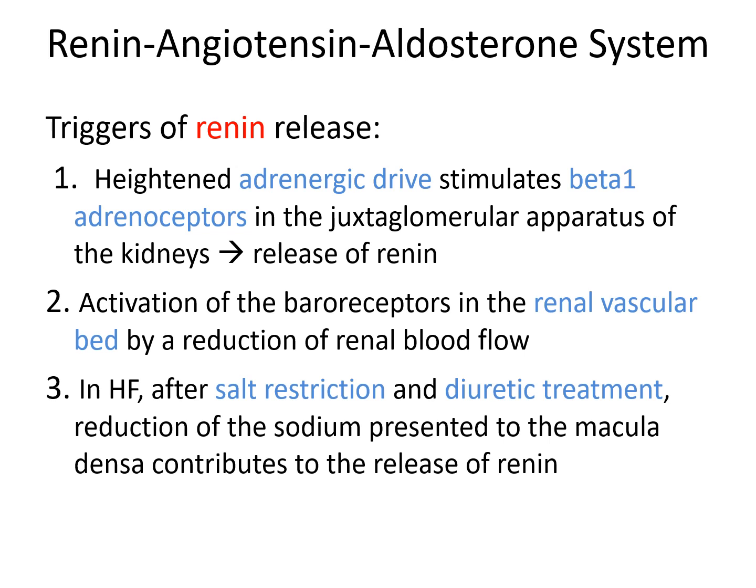Renin is released by the heightened adrenergic drive. So when there is already an increase in adrenergic stimulation, this also stimulates the beta-1 adrenoceptors in the juxtaglomerular apparatus of the kidneys, thus releasing renin.